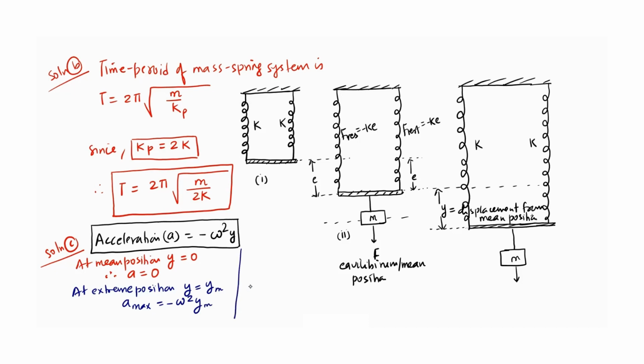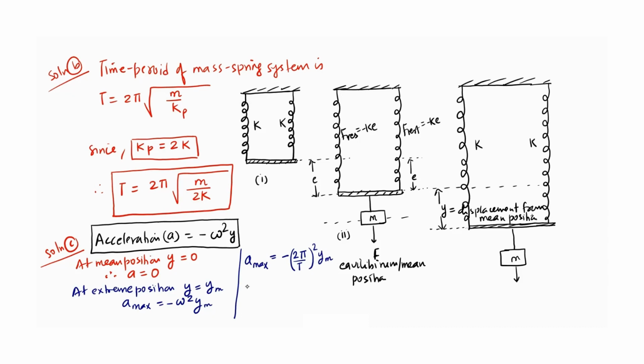So we have maximum acceleration equals minus omega square, and we know omega is twice pi by T. So we can write twice pi by T whole power 2 times ym, that is displacement from the mean position.